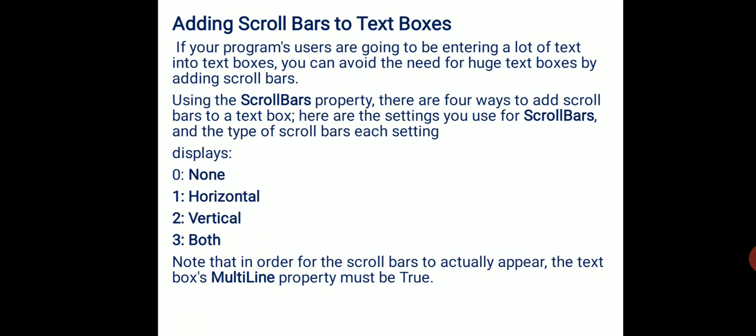Here are the settings you can use for the type of scroll bars: None, Horizontal, Vertical, Both. Both means both horizontal and vertical scroll bars will appear. Note that in order for the scroll bars to actually appear, the text box's Multiline property must be true. So for using scroll bars, the Multiline property must be set to true.